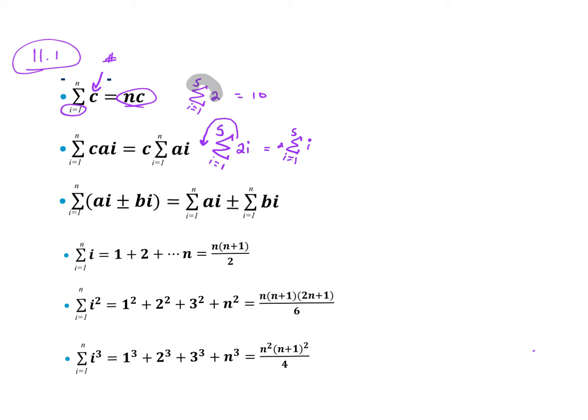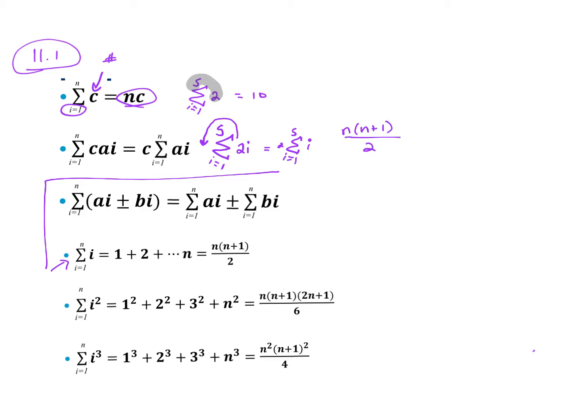And for that, which we actually learned a little bit later on the bottom here, you can use your n times n plus 1 over 2. So when it's just the variable next to the summation, we can use n times n plus 1 over 2.